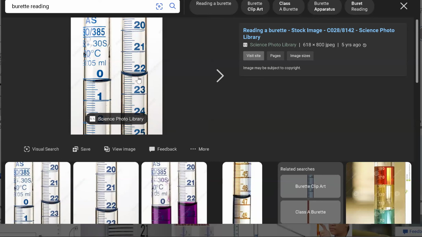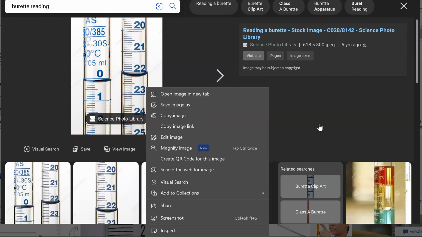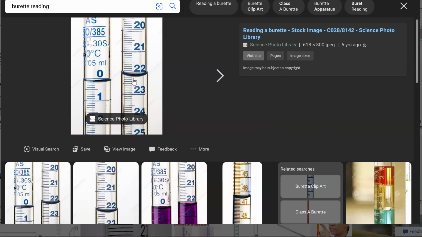So, what value is this, by the way? You're going to read the lower one approximately. This reading you can take up till one decimal place, right? So, can you guess what this is? Any guesses? What is the value?